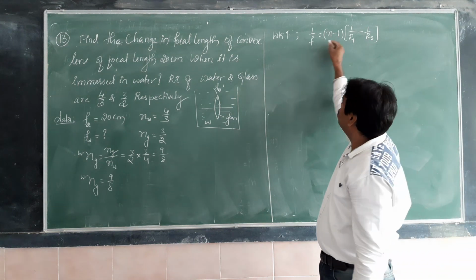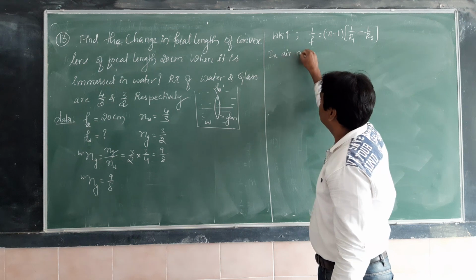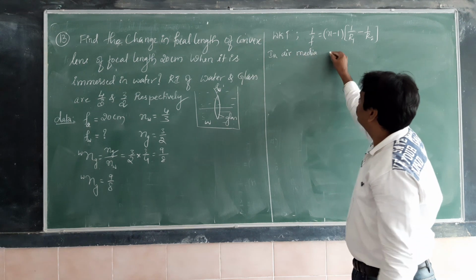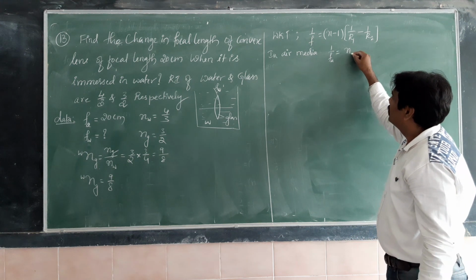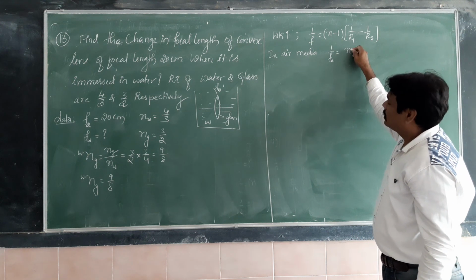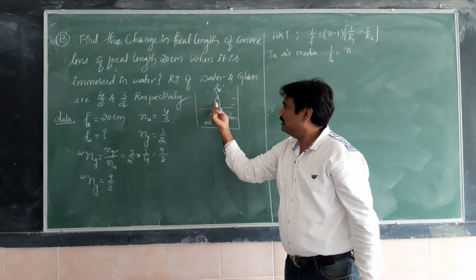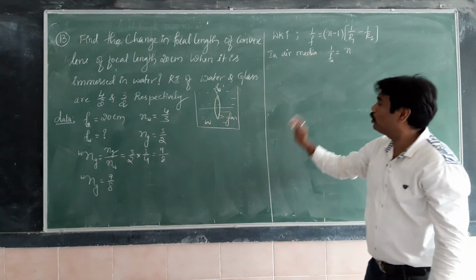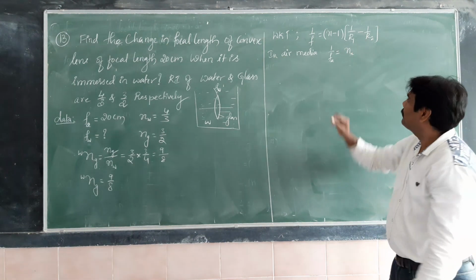So I want to write the formula for the first case, in air medium, focal length becomes Fa. 1 by Fa is equal to n, refractive index of glass with respect to air. It means here the lens is surrounded by air medium, not water. That's why I will consider Na, surrounded by air medium.